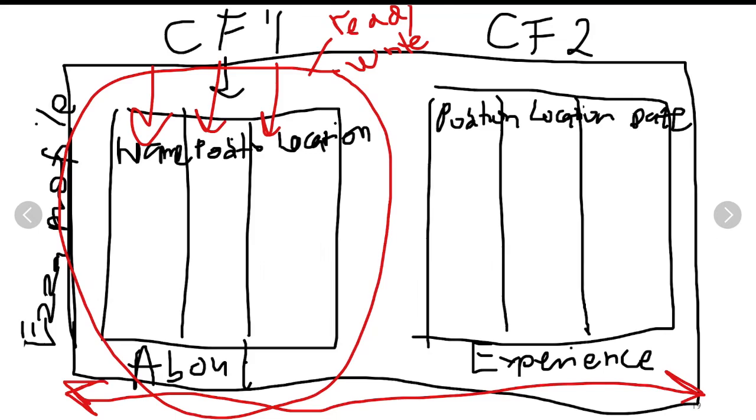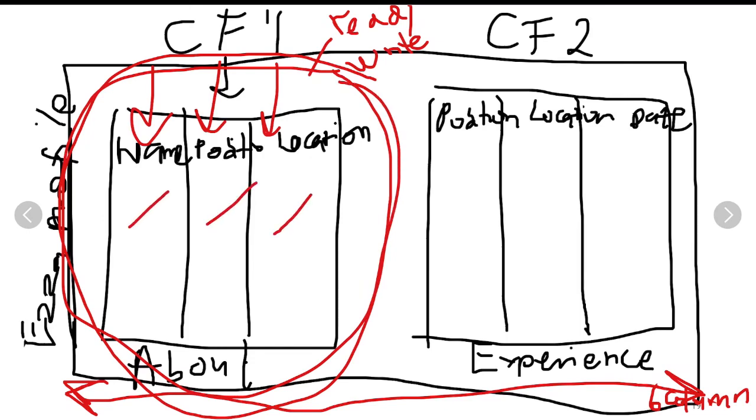Because we have here 6 columns, for example, instead of updating all of those 6 columns, it just needs to read or write this column family with 3 columns at a time. So we just leave the rest as it is.